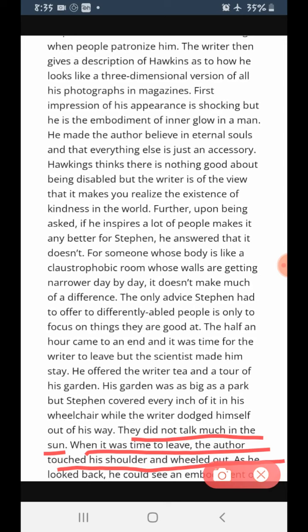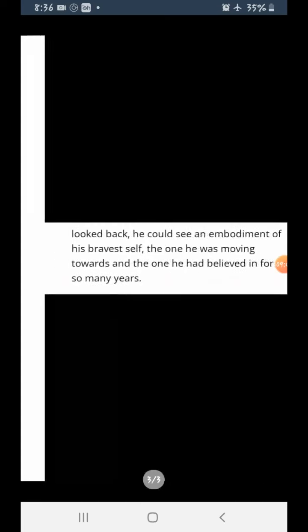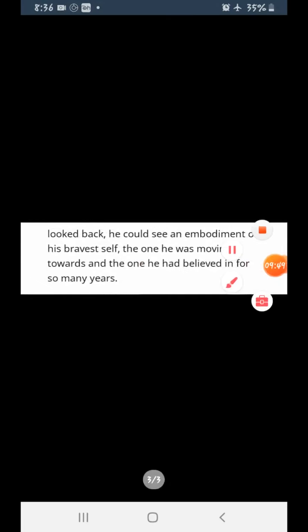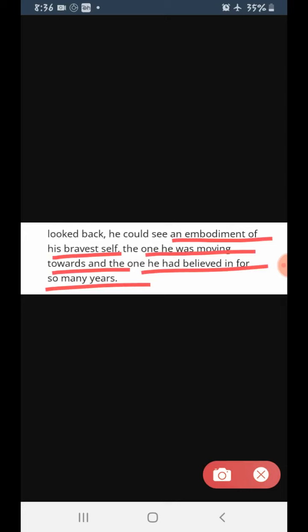Okay, and wheeled out. As he looked back, he could see the embodiment of his bravest self. And as he turned back, he could see the embodiment. He could see an embodiment of his bravest self, the one he was moving towards and the one he had believed in for so many years. Okay.